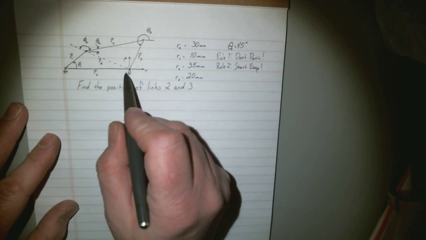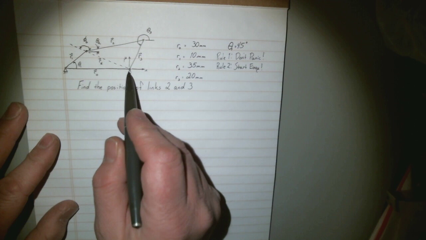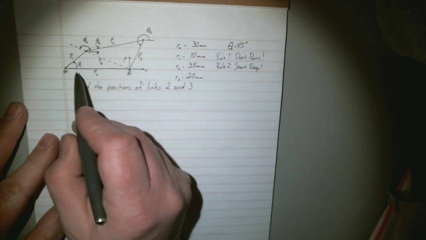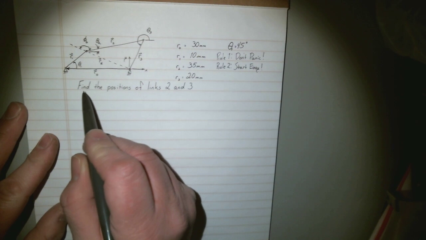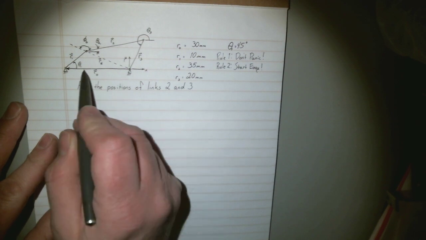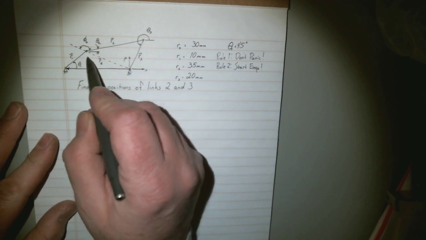So, sketching in here, I'm going to have a vector R sub 0. My origin is defined here, so I'm going to set R sub 0 as a negative vector in the x-axis.